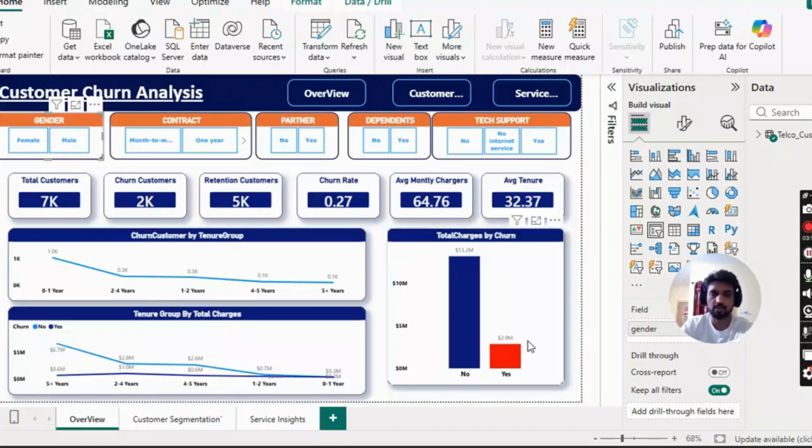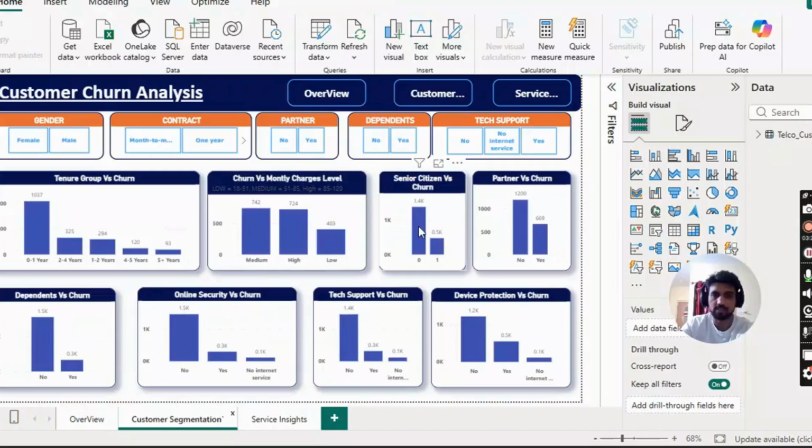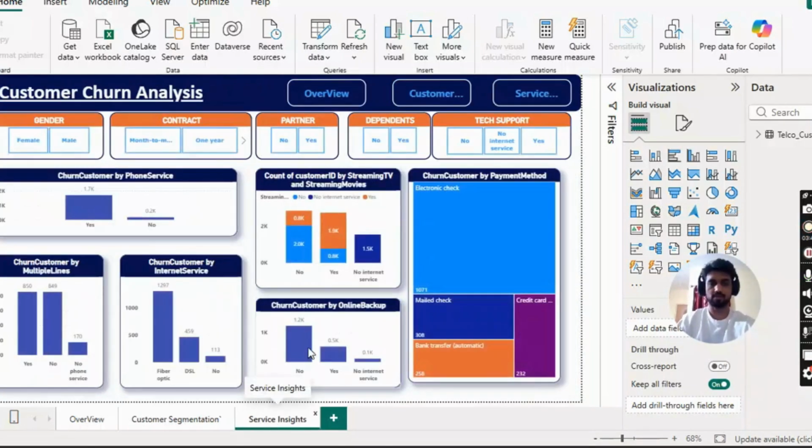Focusing on the customer services, most customers who do not have tech support have the highest churn rate, and also those with no online security and no dependents. This indicates that support and partners and dependents affect the churn rate. Customers with no online backup and no phone service also show the highest churn rate.